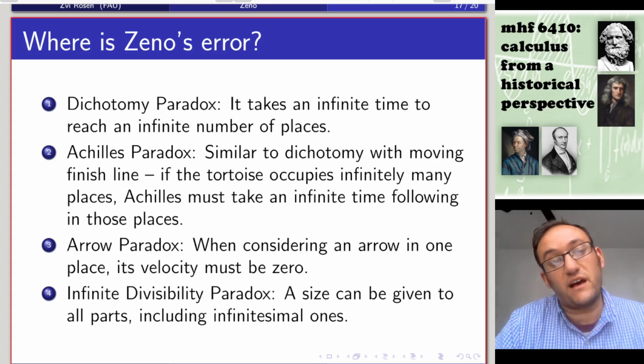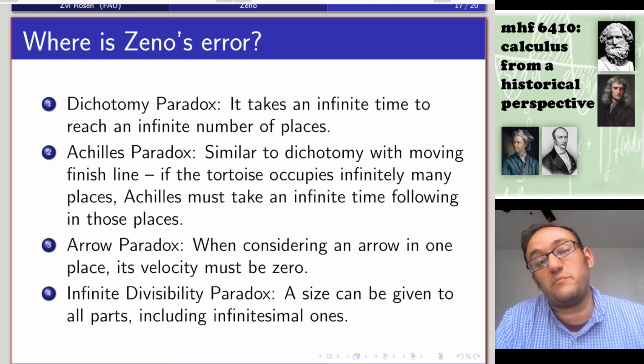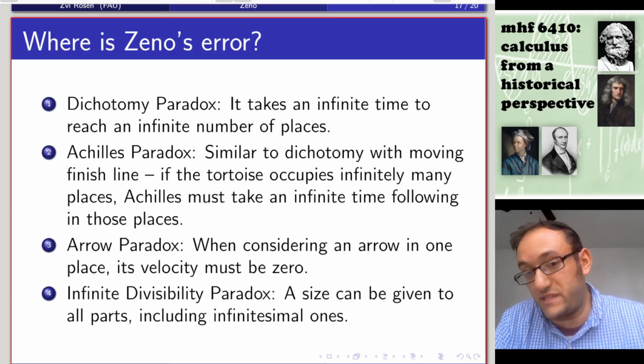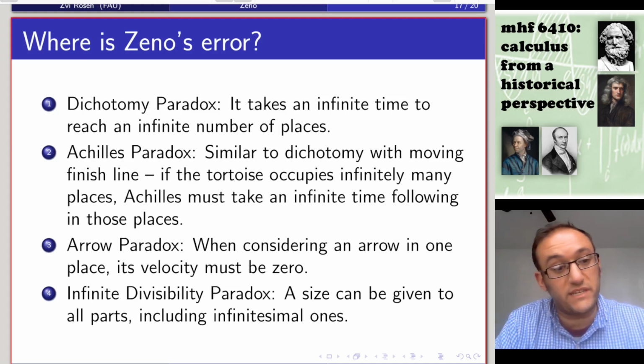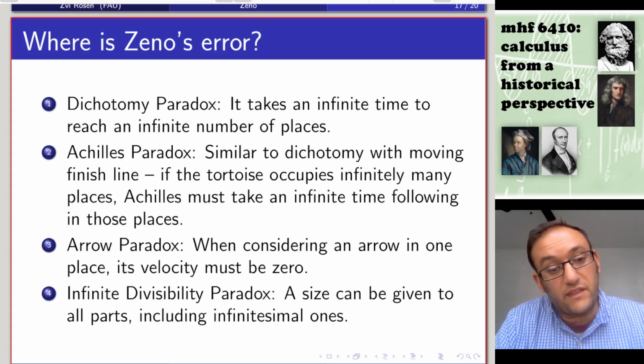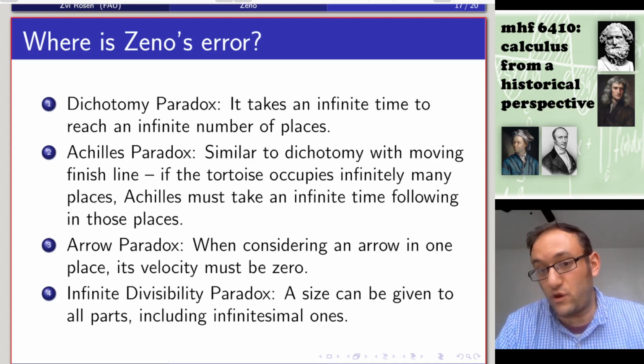In the Achilles paradox, it's similar to the dichotomy paradox, just the finish line moves. If the tortoise occupies infinitely many places, Zeno assumes that means it would take an infinite amount of time to follow the tortoise in those places. In the arrow paradox, Zeno assumes that when considering an arrow in one place, its velocity must be 0.